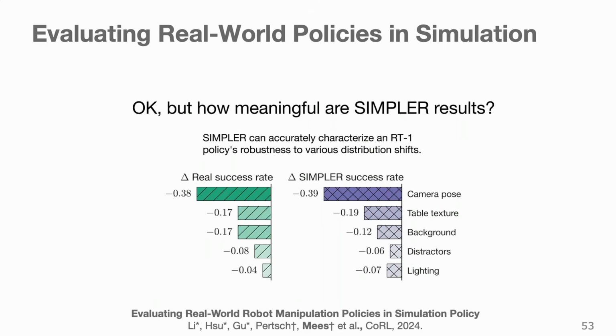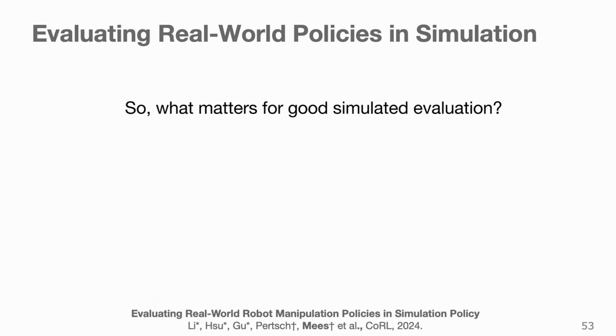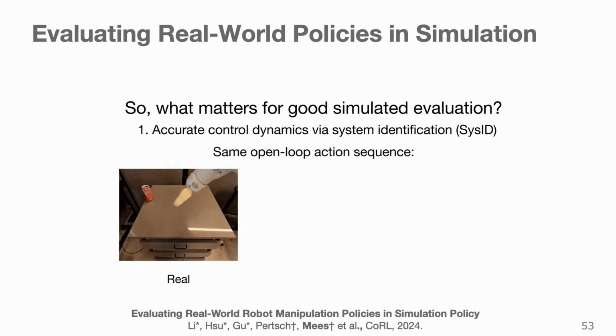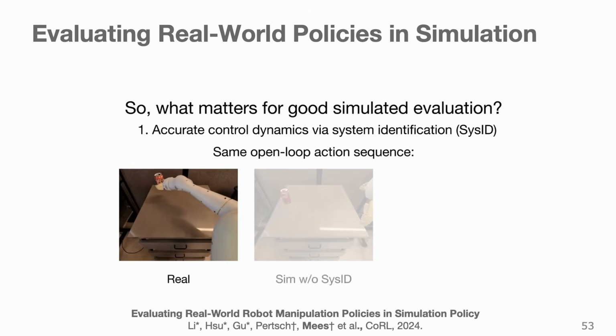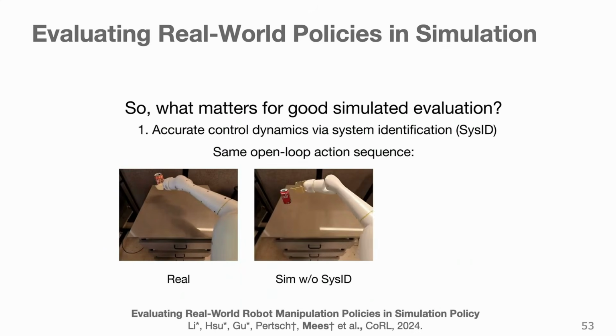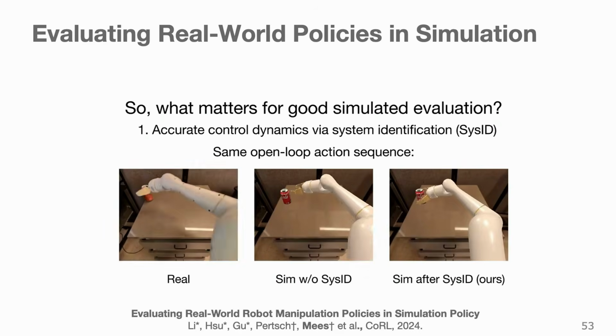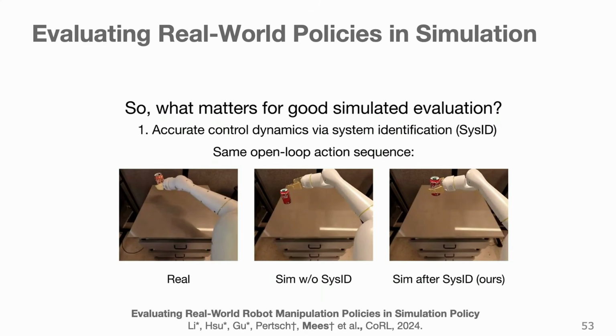So the first step is that you need to mitigate the control gap between the simulated and the real-world environments in order to ensure that the policy's actions executed in simulation will yield the same result compared to the real robot's end effector when executed in the real world.